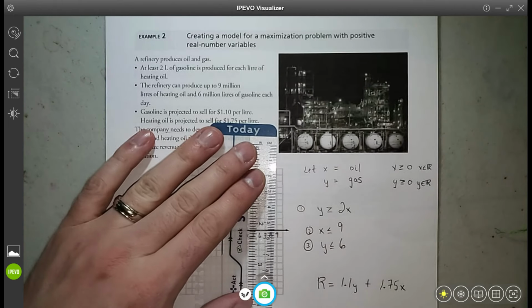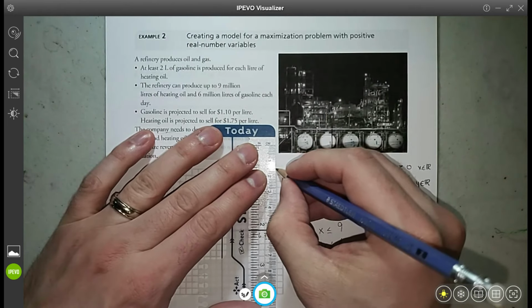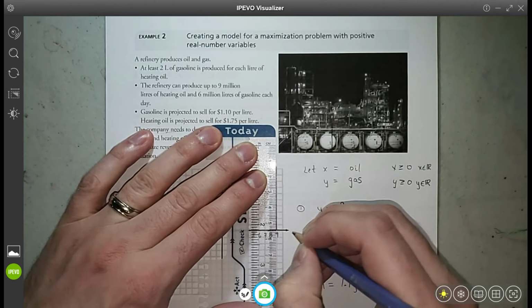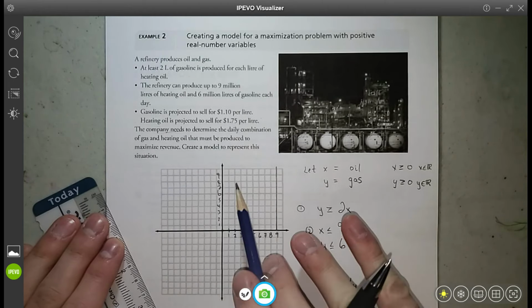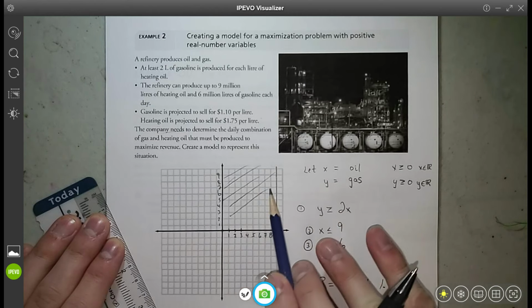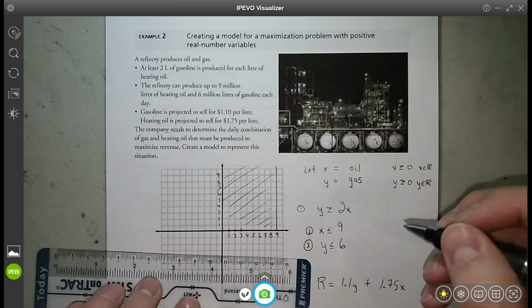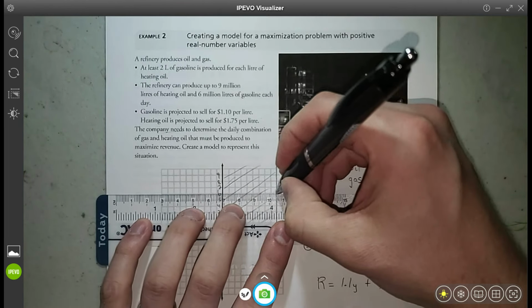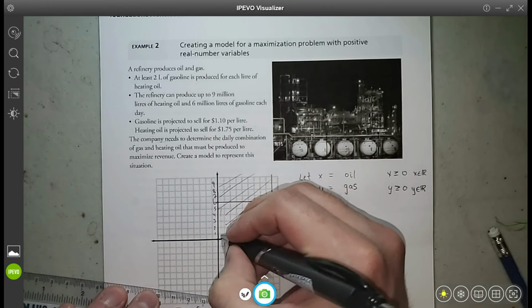So grab our ruler. And it's a solid line. We also know that Y is less than 6, so we shade. Shade that.